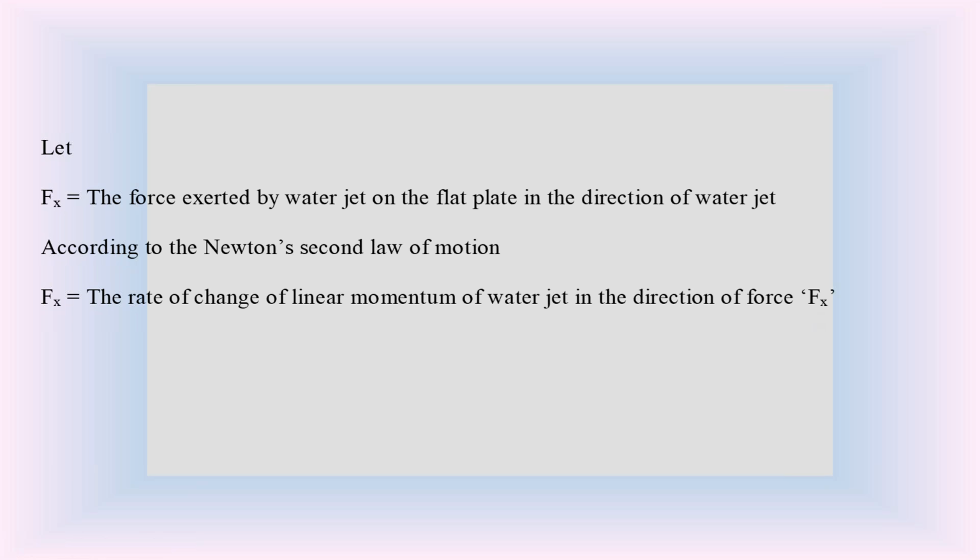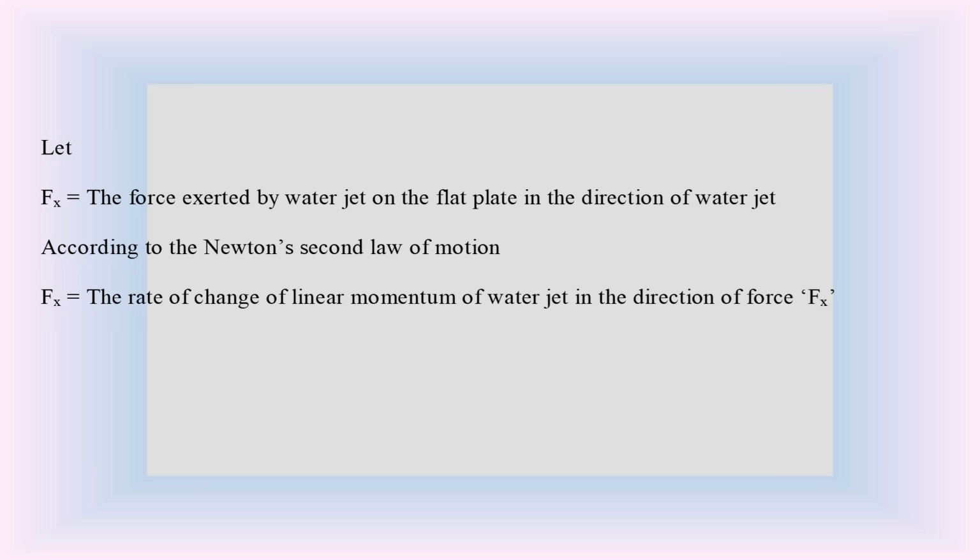In this impact, the initial velocity v is in the direction of force Fx, and the final velocity is vertical, so the component of final velocity in the horizontal direction is 0.